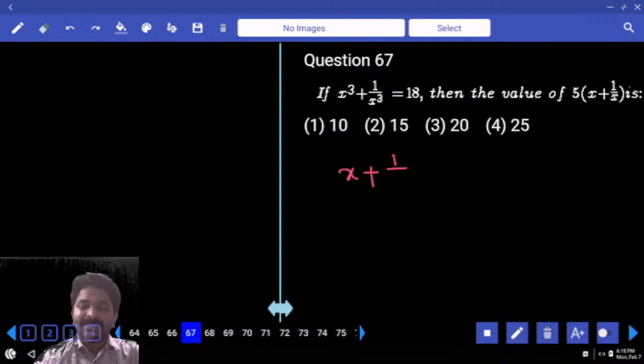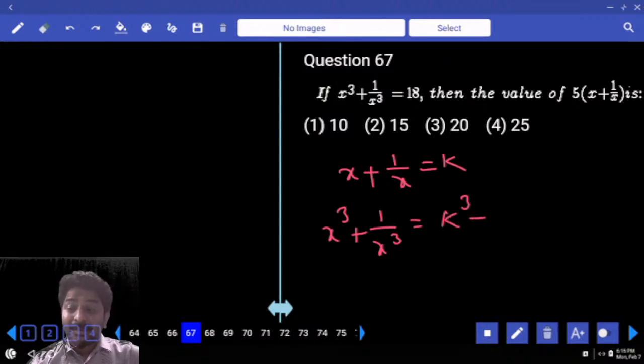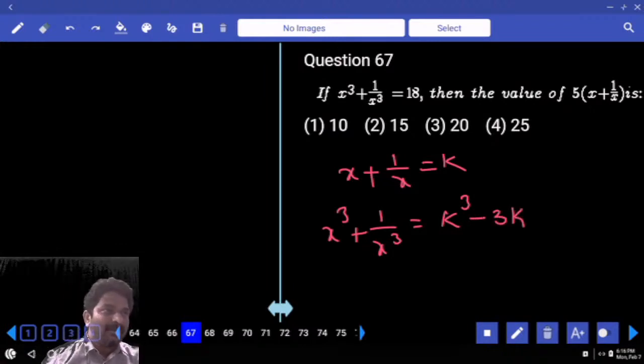Treat x plus 1 by x as some constant k. x cube plus 1 by x cube is equal to x plus 1 by x whole cube minus 3 times of it. That means we can write it as k cube minus 3k, where k is equal to x plus 1 by x, correct?